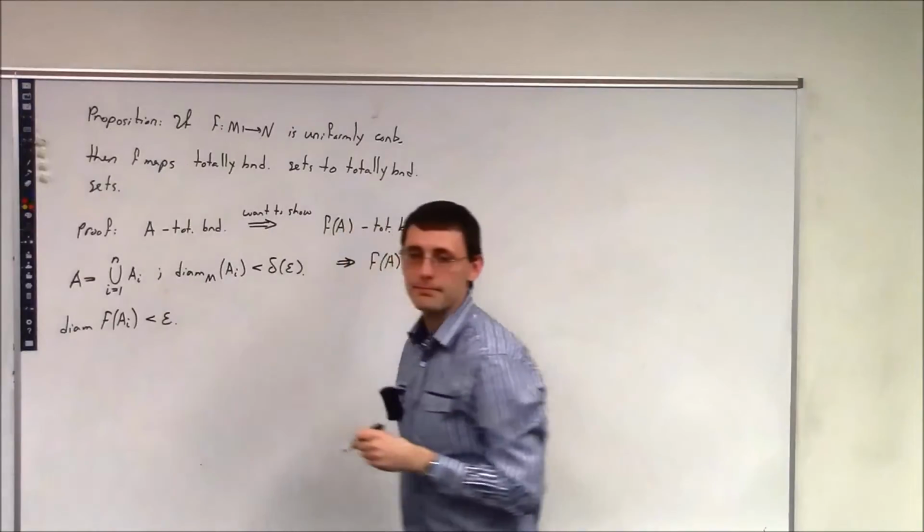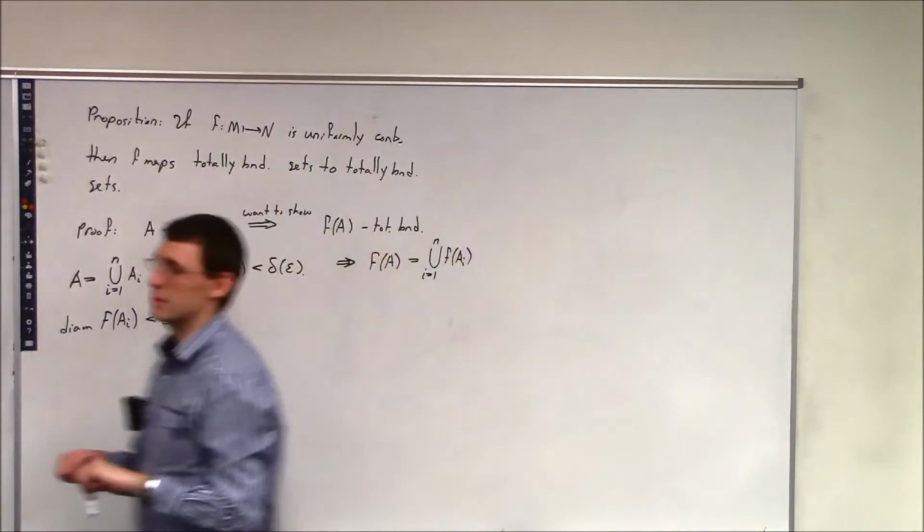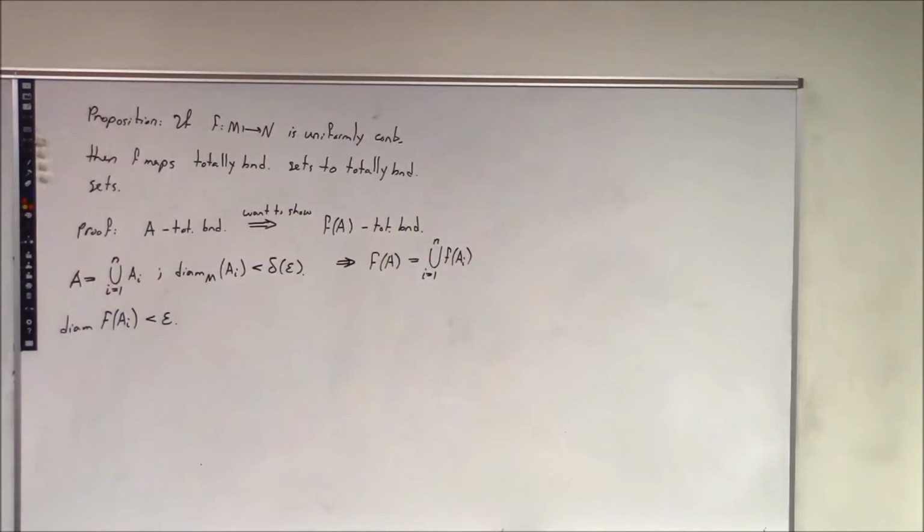So we're done. Proof complete. So this in fact will imply that Cauchy sequences are mapped to Cauchy sequences, right? Because Cauchy sequences are just their image is totally bounded. Okay.